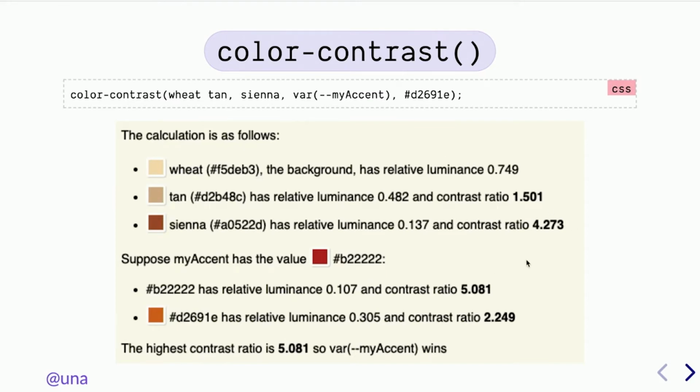So in the end, if this accent color is this red B2222, that is what is going to appear to create contrast between the background and the foreground, the color on the background. This is also a very useful function from Sass that I miss having in CSS.